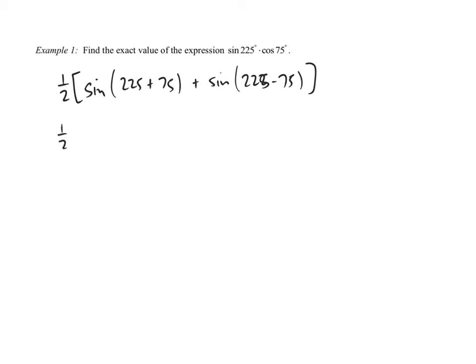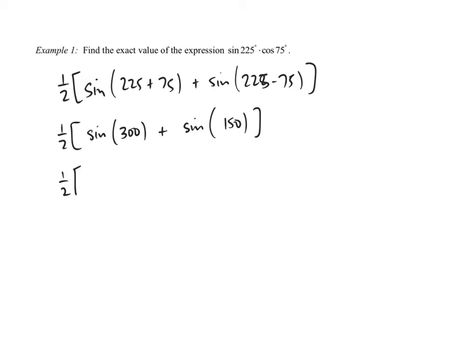Okay, if I continue going here, just simplifying, this is going to end up being sine of 225 plus 75 will be 300, plus the sine of 225 minus 75 is going to be 150. Okay, and now I just need to find those exact values off of the unit circle.